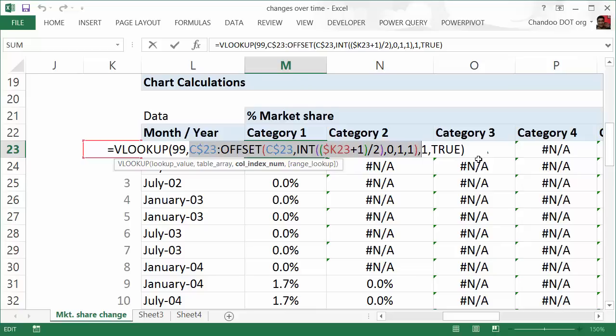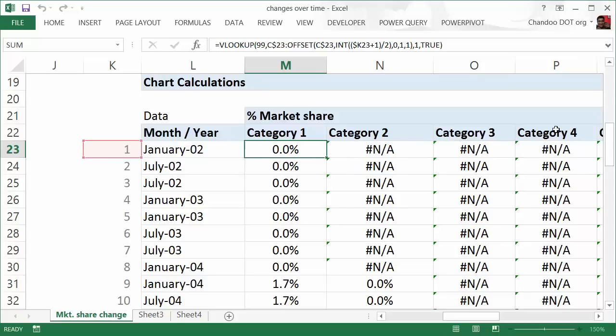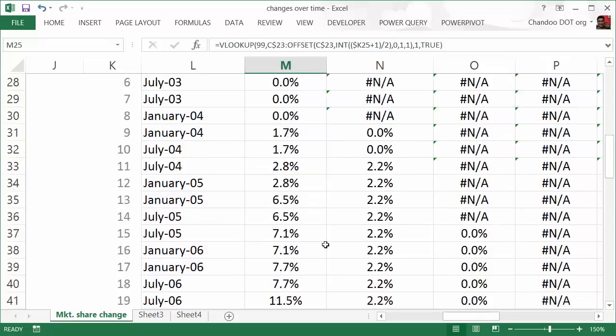Here I'm trying to do everything in 1 step just so that the formulas and calculations look a little tidy. So you are looking up a very high theoretical value like 99 in a dynamic range and doing an approximate match. This will give us the 0%. Wherever the values are blank, it will also give the 0%.